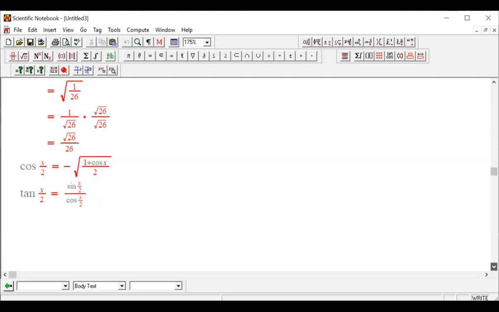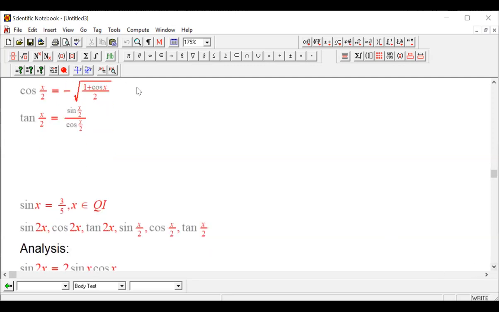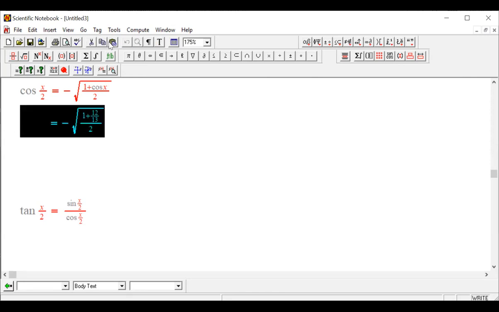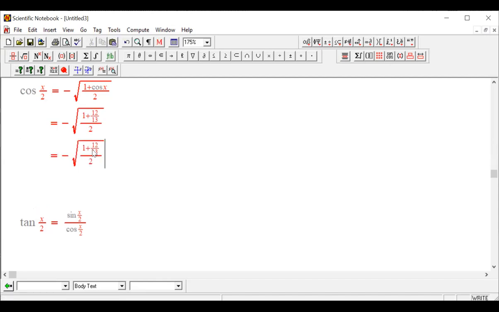The next one, of course, we have chosen the negative sign. We're going to plug in the numbers, and cosine x is 12 over 13. And once again, we have 13 over 13. We are all getting better by doing these, right?